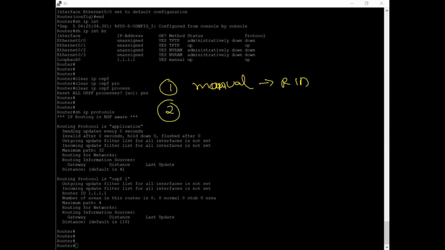The second preference will be the highest loopback IP address, if it is present. And the third is your physical IP.